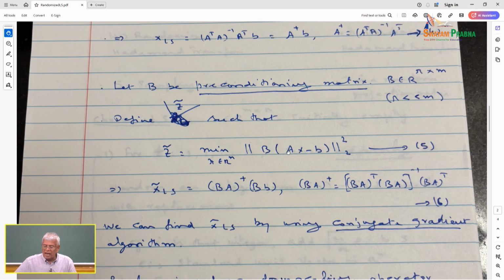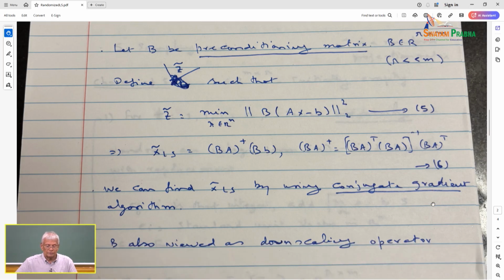Now, assuming BA is a matrix of full rank, I can compute x tilde LS, which is the generalized inverse of BA times Bb, and the generalized inverse BA plus is given by the right hand side of equation 6, which you already know.